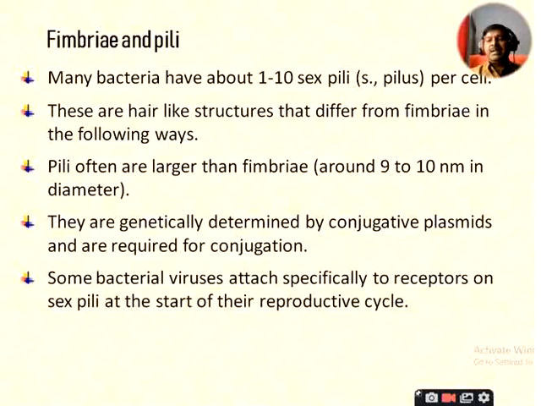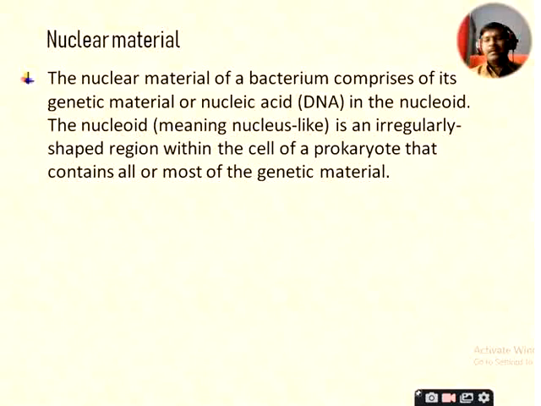Okay, now another one of the most important cell organelles is the nucleoid, or nuclear material, which is required for the cell. That means each and every living cell bears some nuclear material, and in the case of bacteria there is no well developed nucleus, and that's why that nuclear material is called a nucleoid.